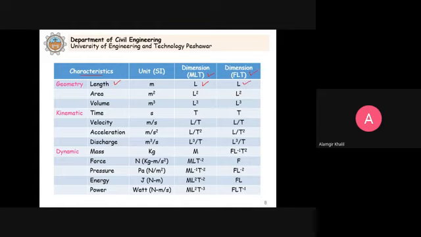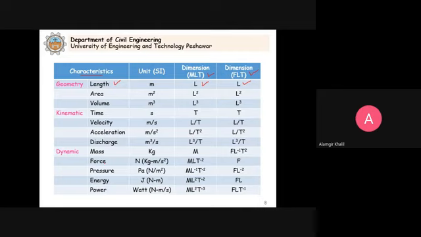Similarly, for area and volume; for kinematic, we have time, velocity, acceleration, discharge; for dynamic, we have mass, force, pressure, energy, power. If in any problem these quantities and others are involved, you must know their units and their dimensions. Clear?